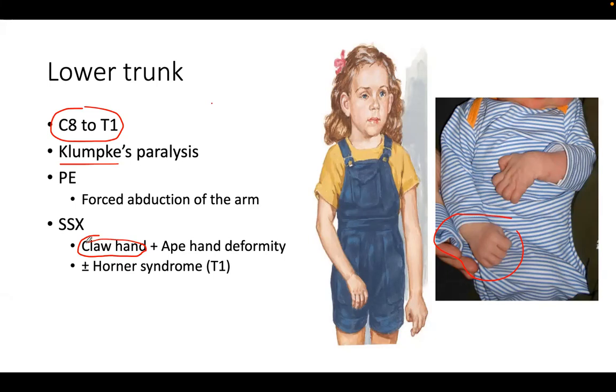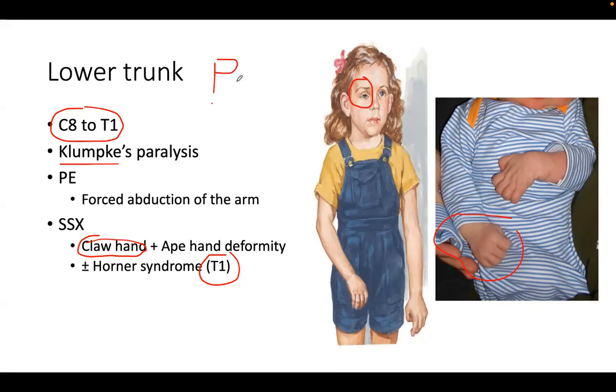Now, tip, C8, T1, particularly T1, involves the autonomic nervous system. This presents with Horner syndrome. Does everyone see this little girl's eye? Klumpke's paralysis is associated with Horner syndrome.